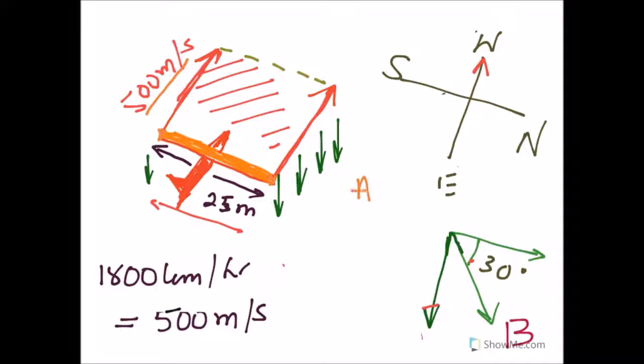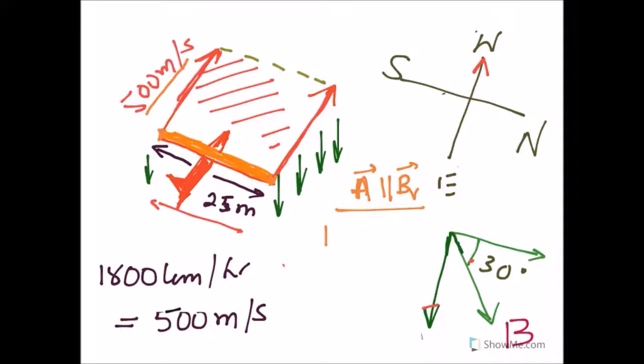So the area vector of the imaginary loop, which is perpendicular to the horizontal plane, is parallel to the vertical component of the magnetic field.